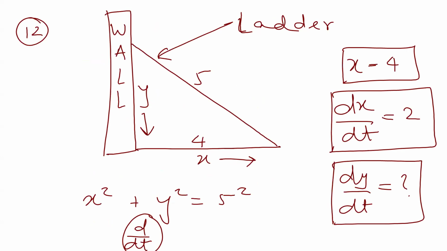Now let us find out whether we know y or not. Initially we don't know the value of y. But from the diagram, can you tell me the value of y by applying Pythagoras theorem? Initially when x is 4, the hypotenuse is 5, the value of y will be 3. Pythagoras triplets.